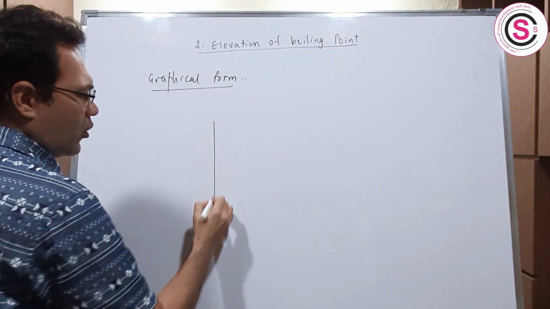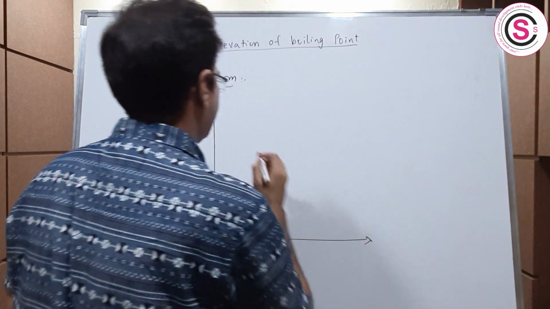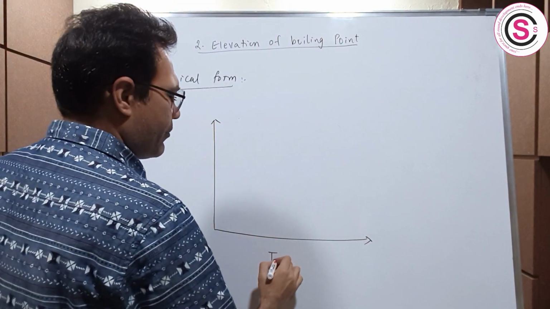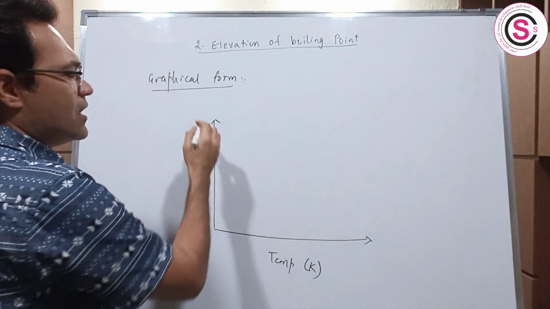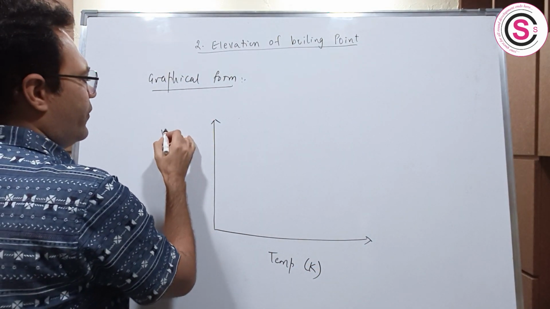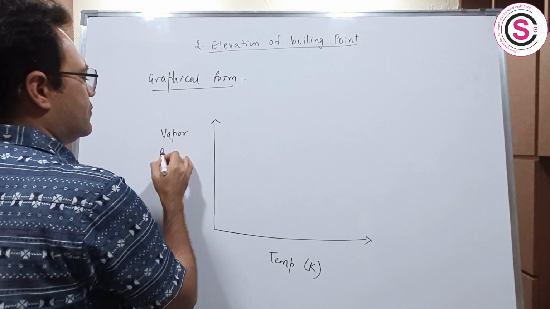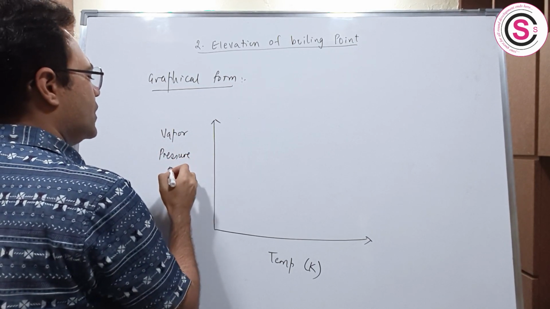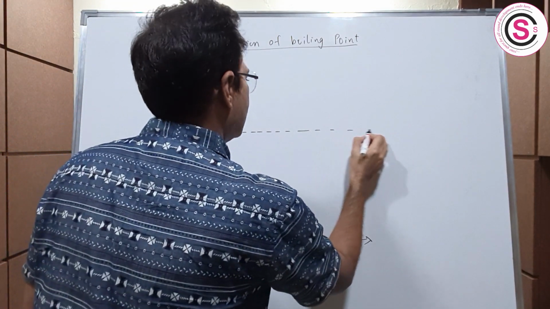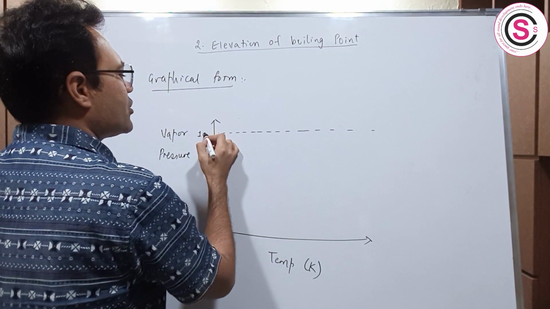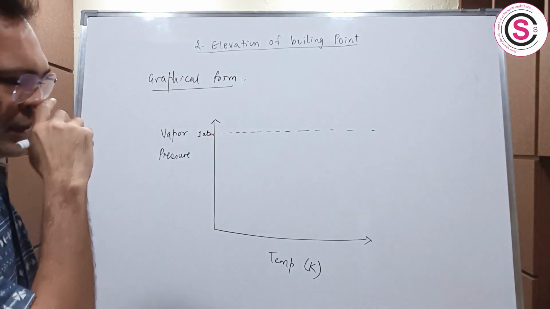Suppose, students, I plot a graph of temperature in Kelvin on the x-axis, and vapor pressure on the y-axis, and this line corresponds to atmospheric pressure, that is 1 atmosphere, correct?